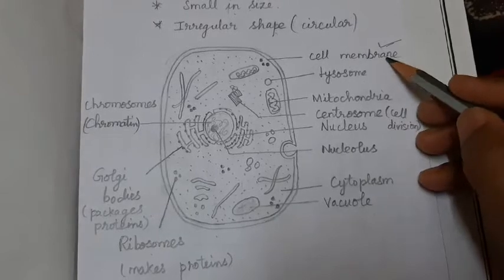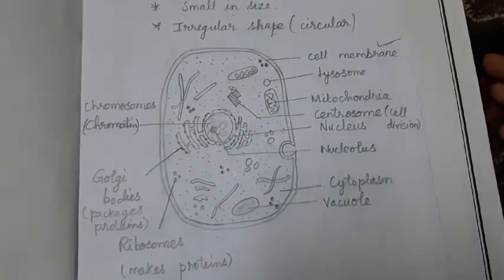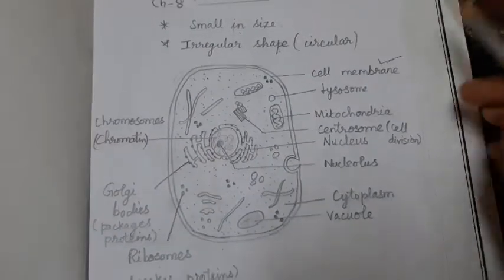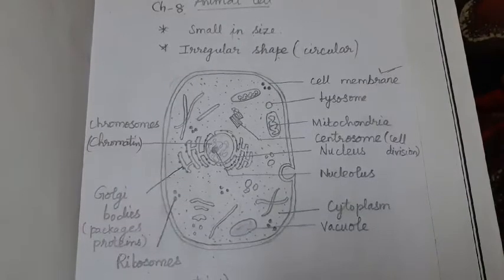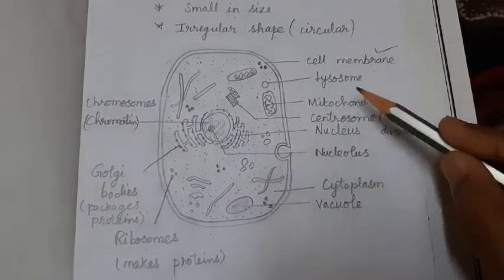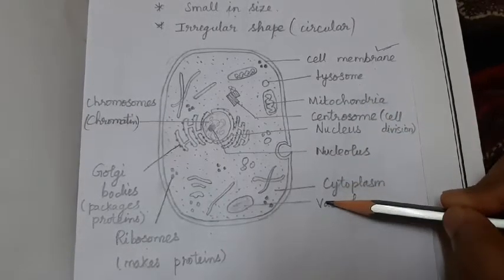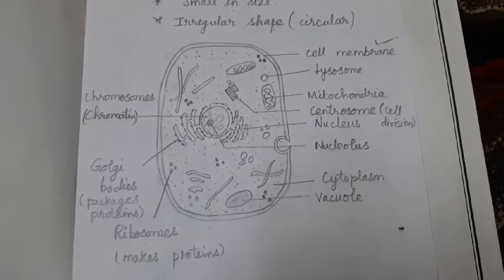It is responsible for the transportation of the materials in and out of the cell. Okay, so in an animal cell there is no cell wall, only cell membrane is present. Lysosomes, mitochondria, vacuole, everything we have seen already in plant cell also, right?